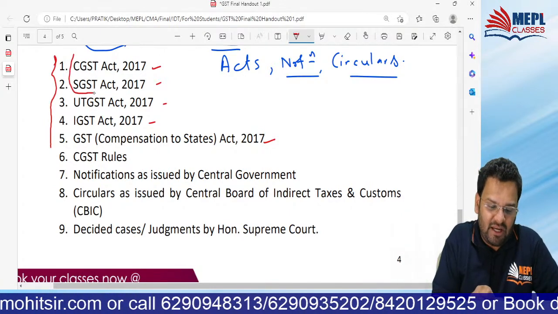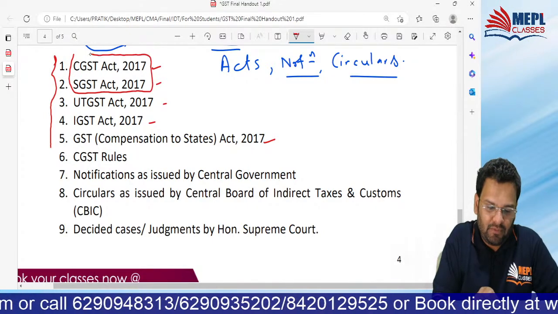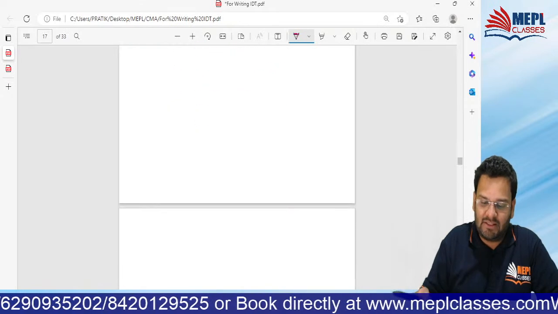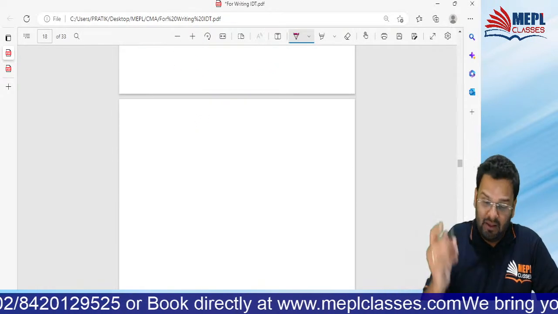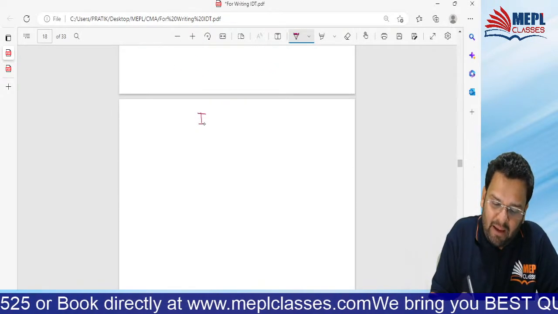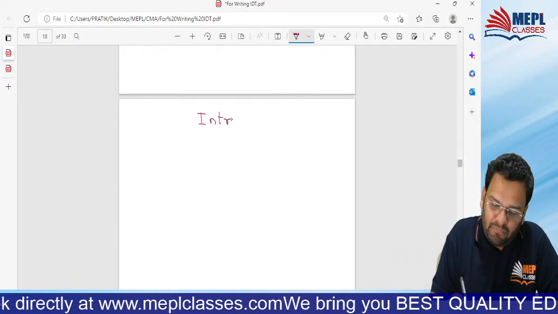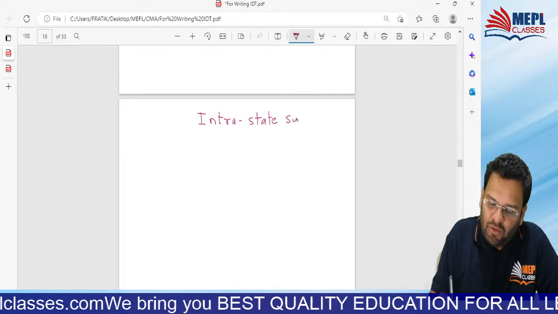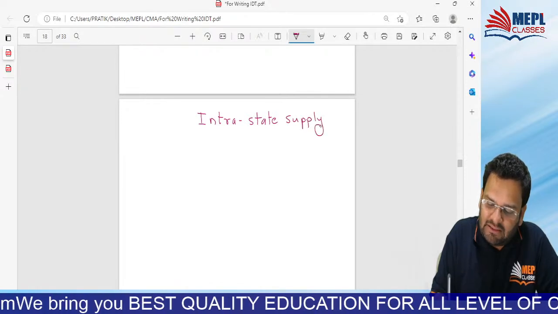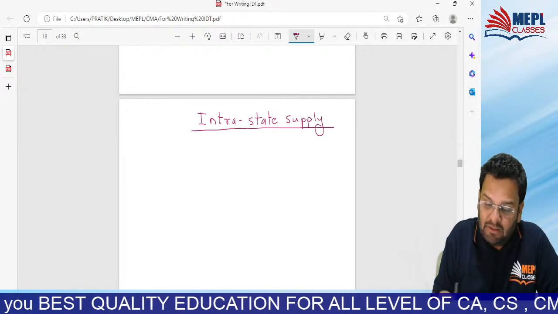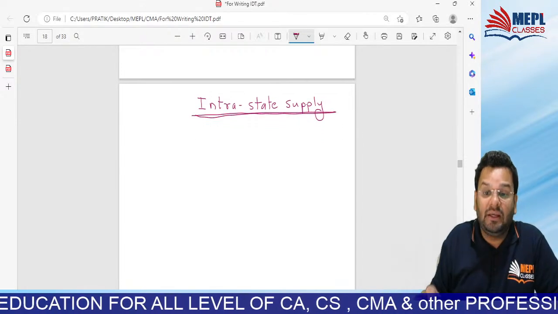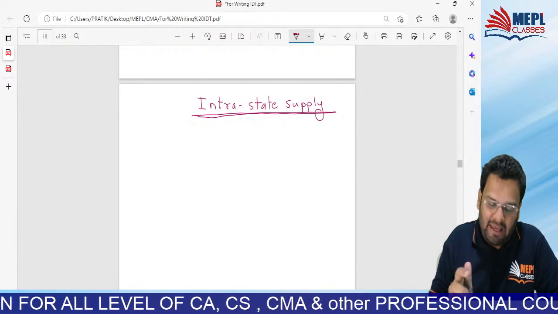Why should the CGST and SGST Acts exist simultaneously? Because when I am talking about intrastate supply, yesterday we were trying to understand the meaning of intrastate supply.